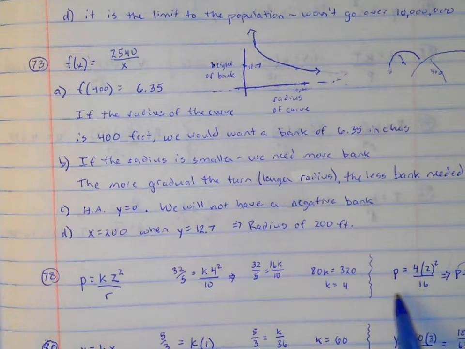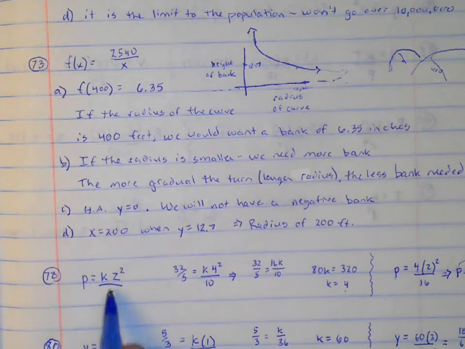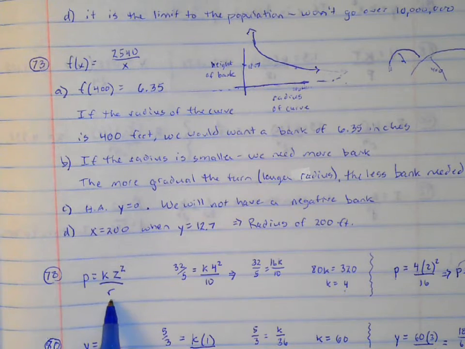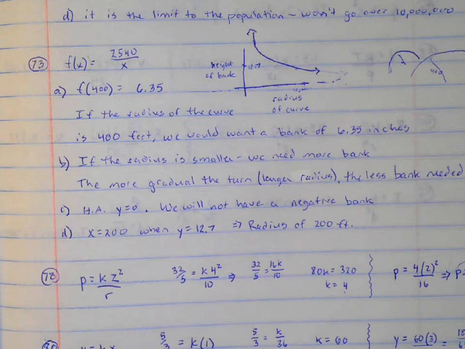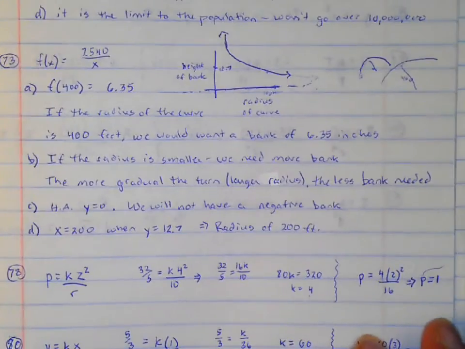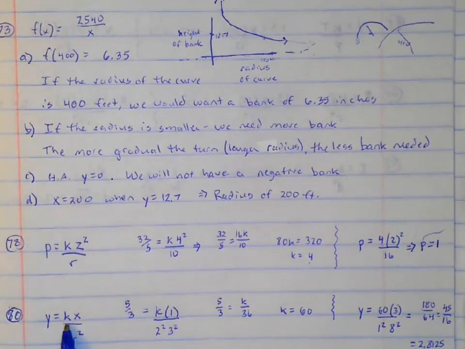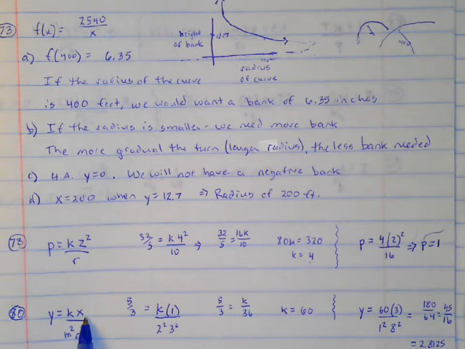Then it gives you some other values. Okay, so find the p when we know what our k is, so we put our k into this equation here, when our z is a 2 and our r is a 16. So we plug those values in there, work it out, you get p is equal to 1. Okay, number 80 says y varies directly with x, so kx, and inversely, so on the bottom, of m squared and r squared.